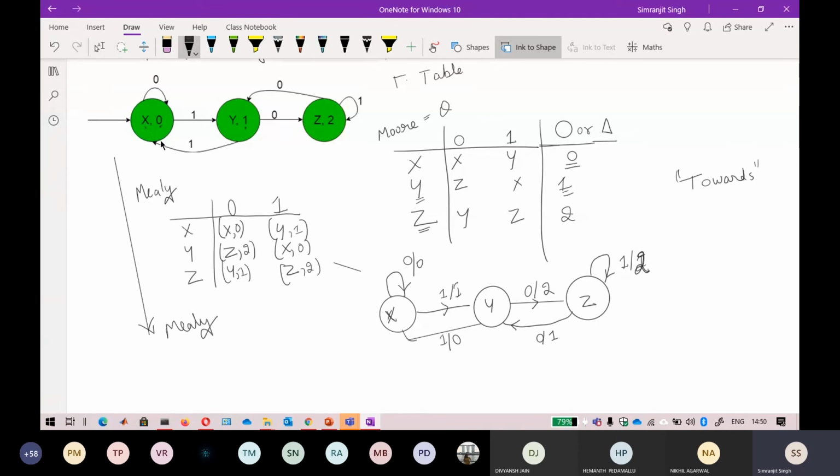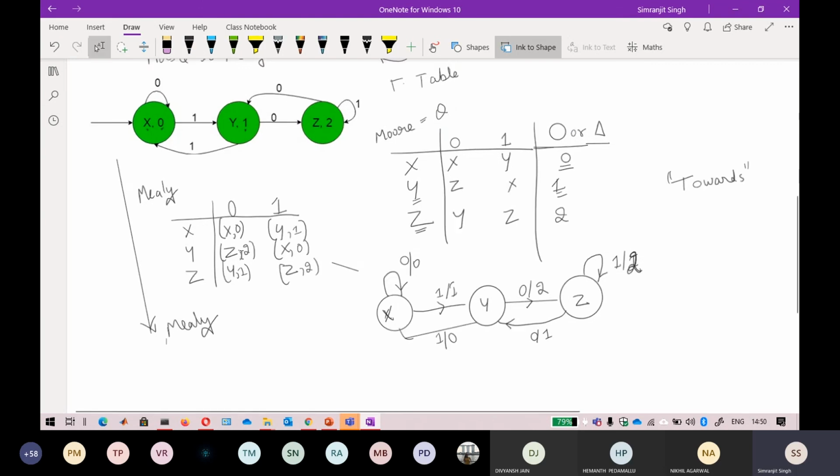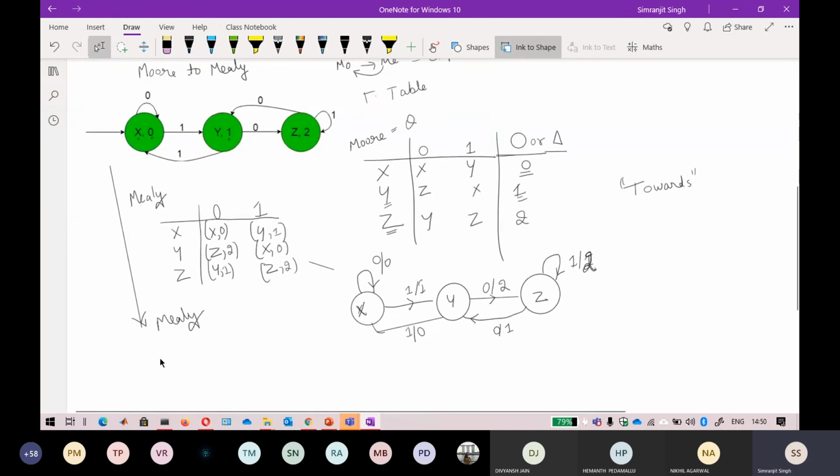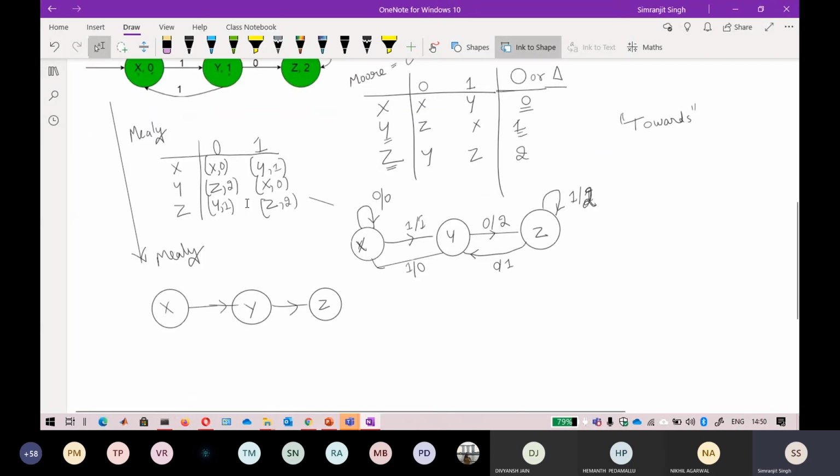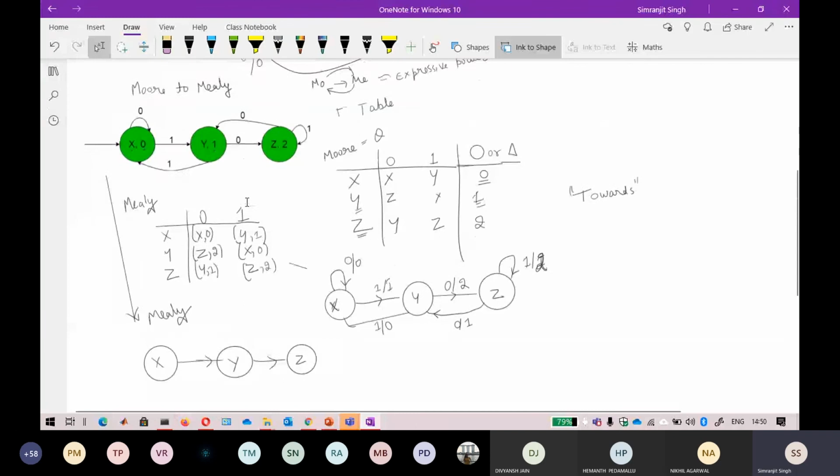Keep in mind that in Moore the output is placed alongside the state. Now how to directly build a Mealy machine from a Moore machine? Just write the same states X, Y, and Z. Afterward, do all the transitions that are available in the original table.